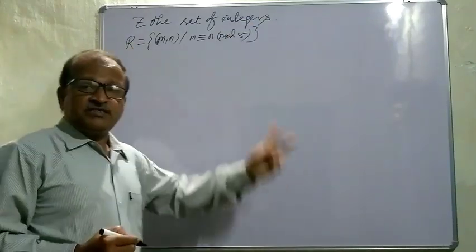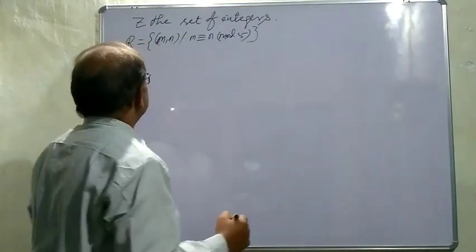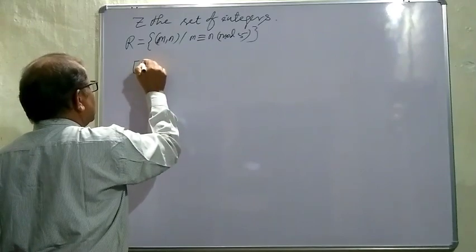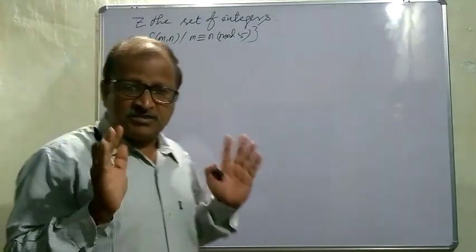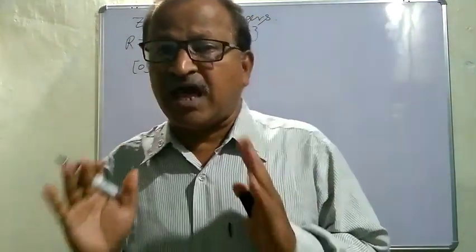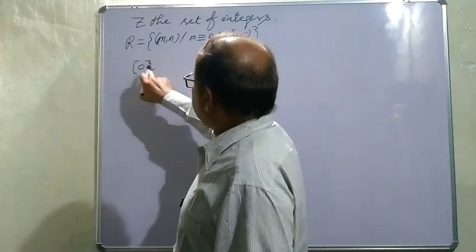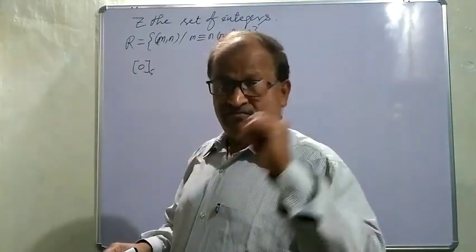What are the distinct equivalence classes? Suppose I take the equivalence class of 0 under congruence modulo 5. Here the 5 means it is the equivalence class for congruence modulo 5.